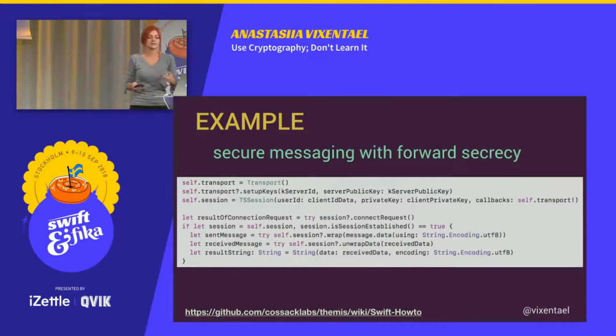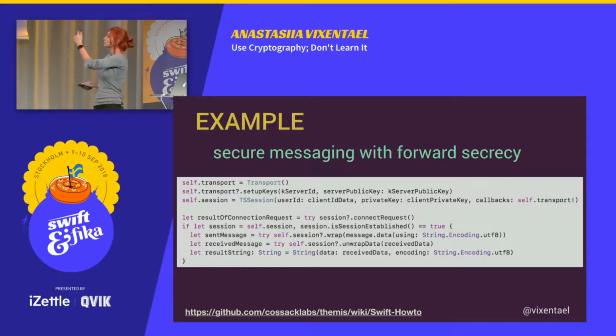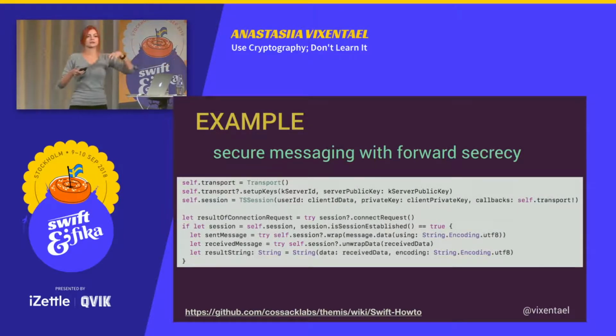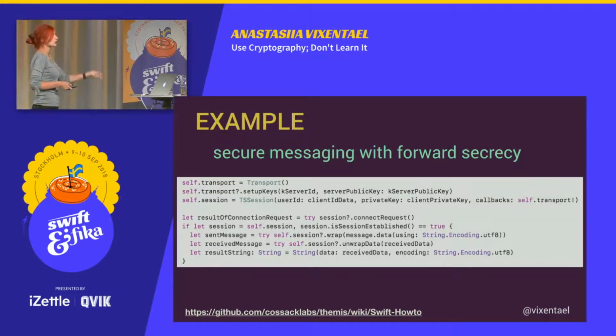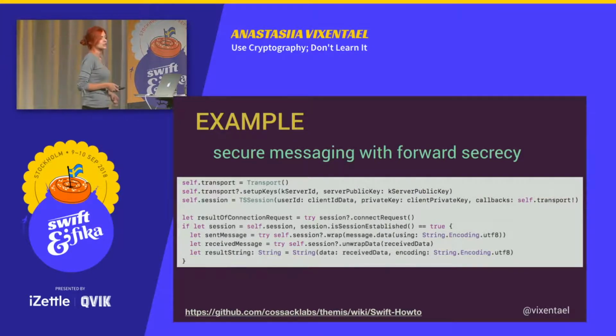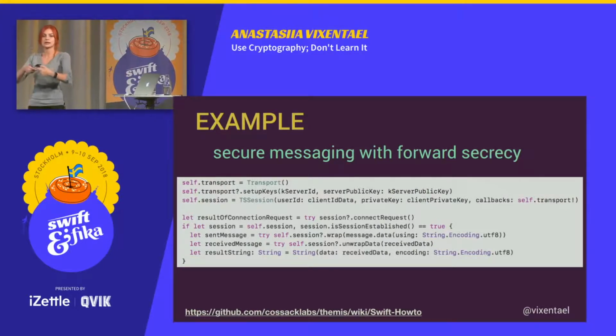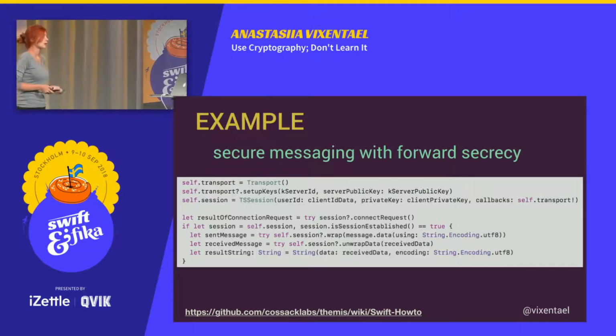This is another example of Themis, only 1, 2, 3, 7, 8 lines that allows you to use secure transport between several nodes, between several applications, with mutual peer authentication, with key rotation. So the system is using ephemeral, temporal keys on every session.